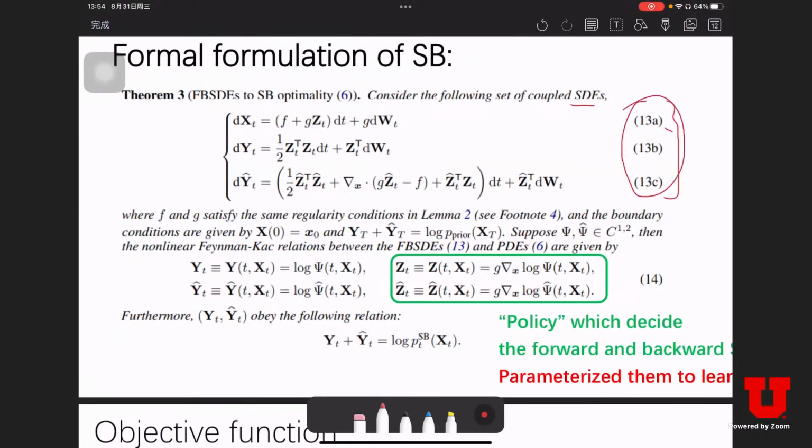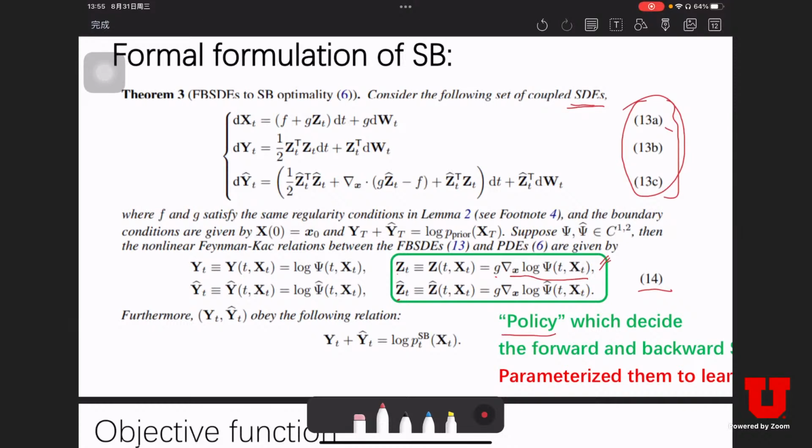If we want to further solve these PDEs with some approximation, we get something shown in formula 14. The Z_t and Z_t hat are what we call the policy. It's just equal to G multiplied by the gradient of psi, and we call it the policy.